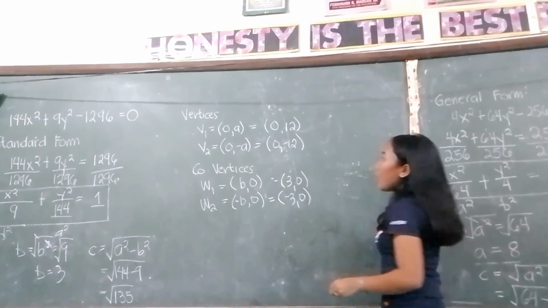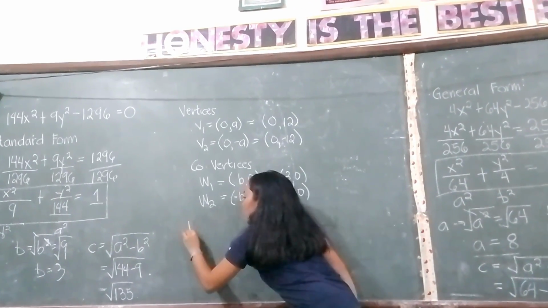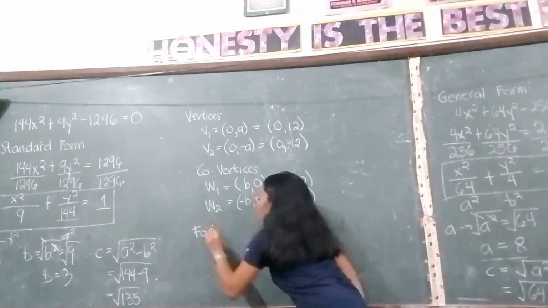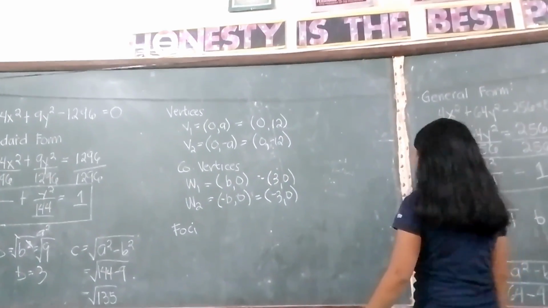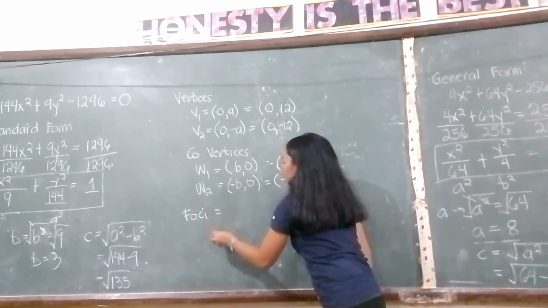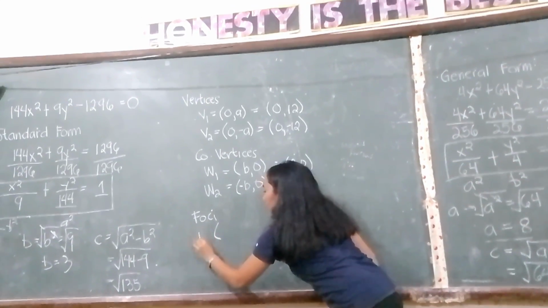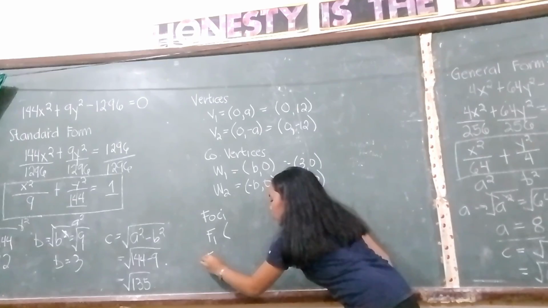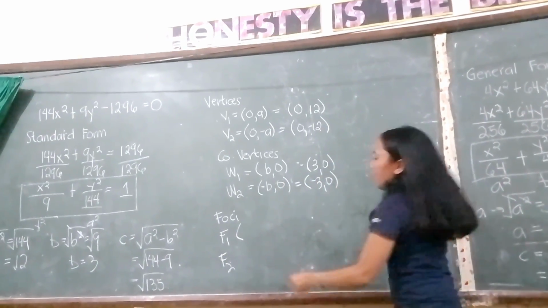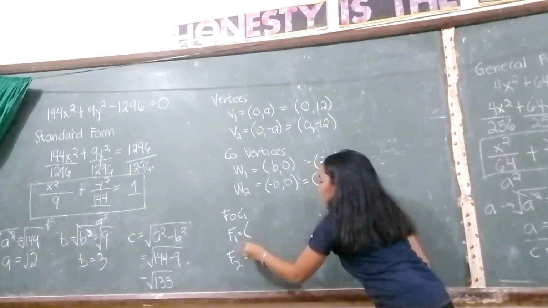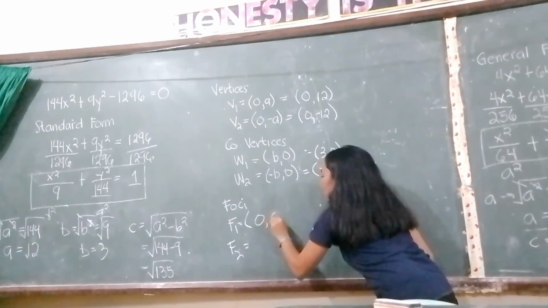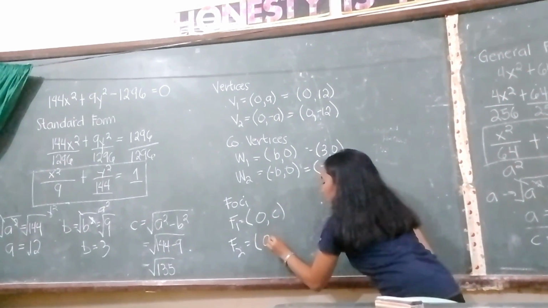And for our foci, we have F sub 1 and F sub 2. So we have 0 and c, and 0 and negative c.